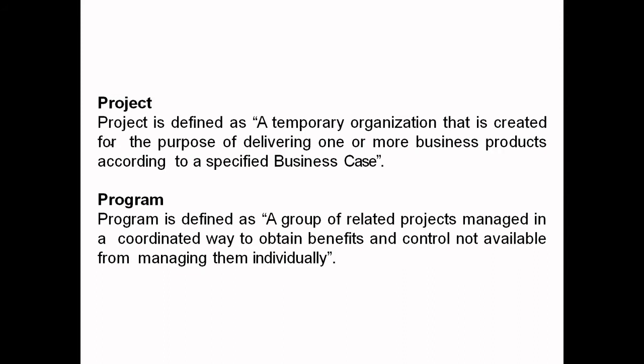When you combine projects and have grouped them, then a program comes into the picture. Remember, it is called related projects, not random projects. Related projects are managed in a controlled way to obtain benefits and also control not available from managing them individually. Individually it is not possible to control it, so you are grouping them to get the benefits.